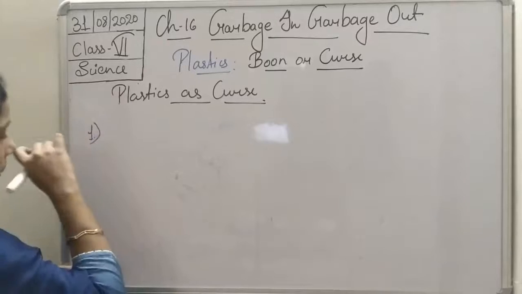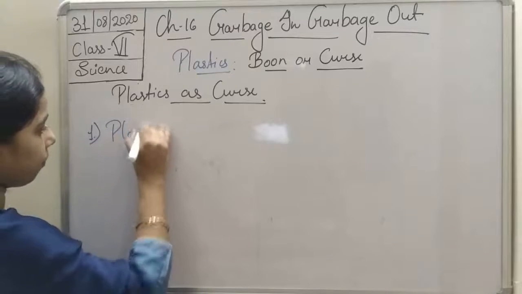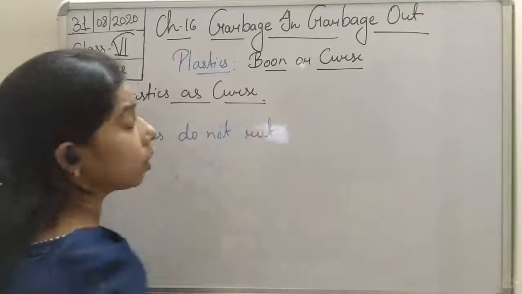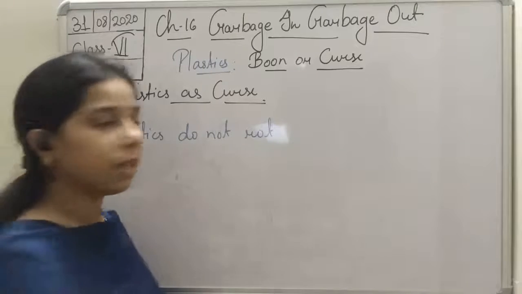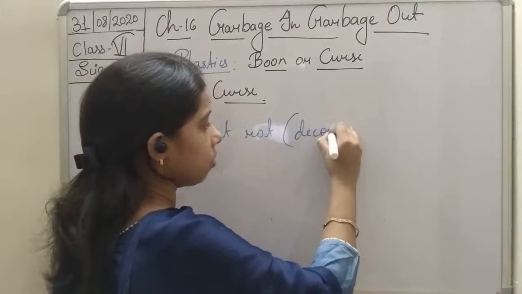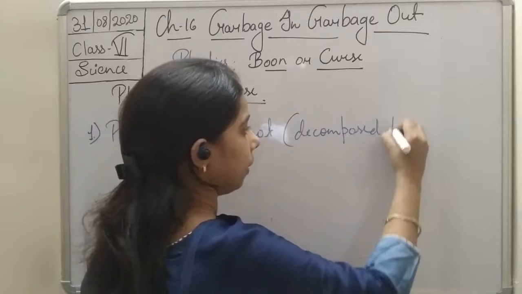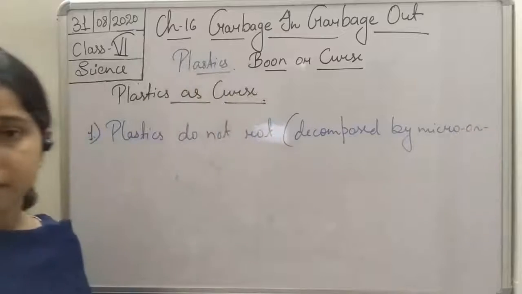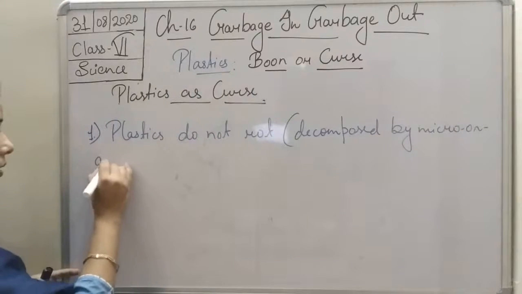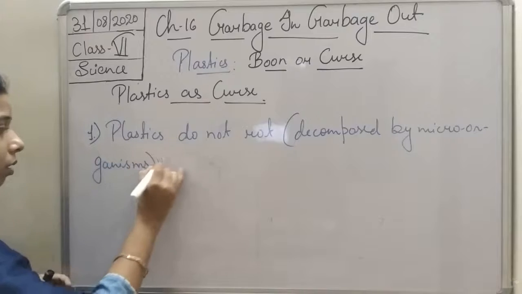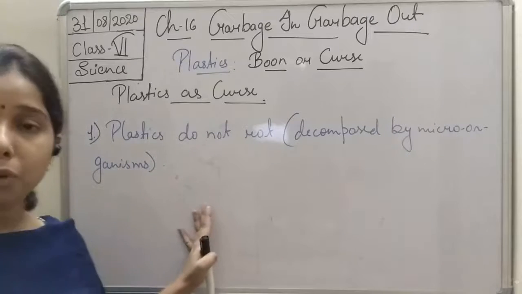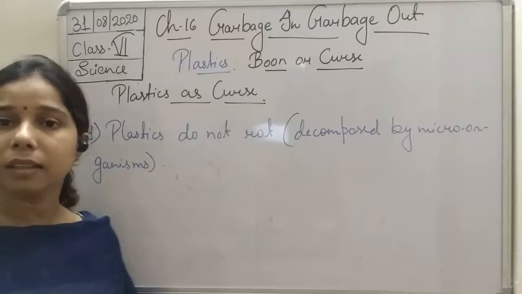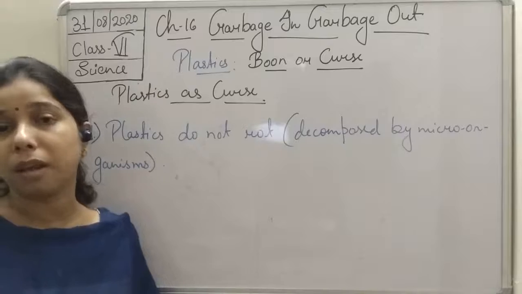Plastics do not rot. Do not rot, what does that mean? Not decomposed by microorganisms. So plastics do not rot, it means it is not decomposed by microorganisms, and that is why these plastics are thrown away here and there.